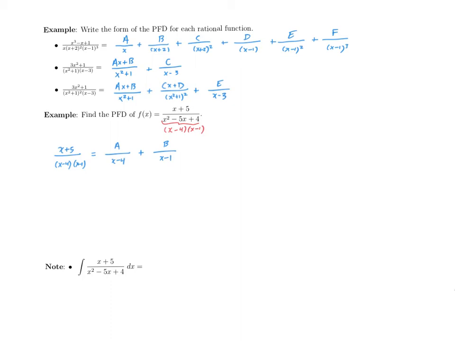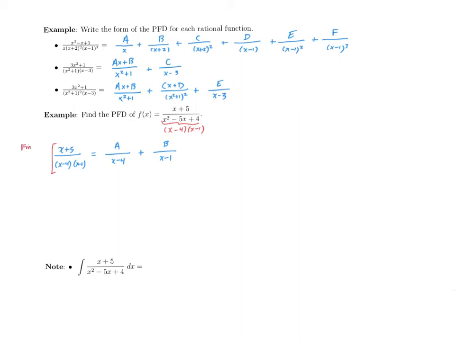What we now need to do is solve for A and B. And the observation that I would like to make is we are guaranteed that we can find A and B, and the A and B values are numbers that make this true for every value of x.